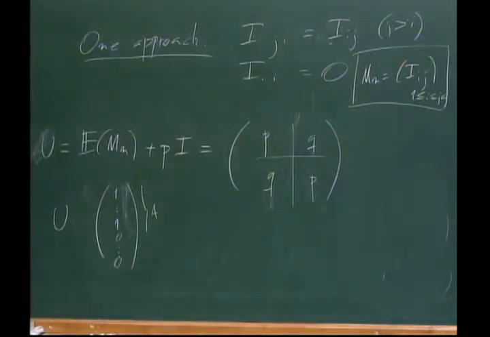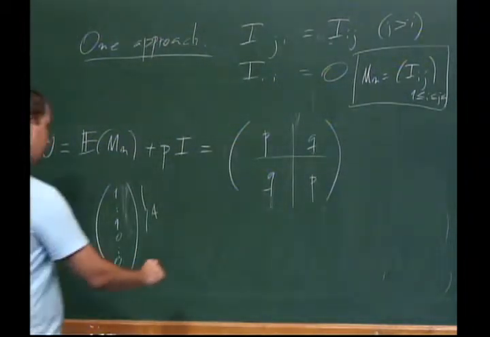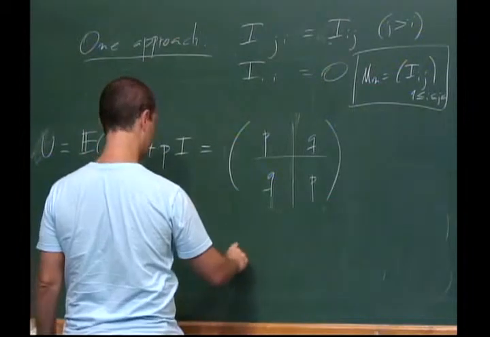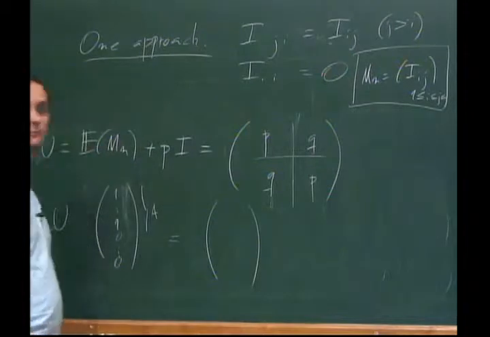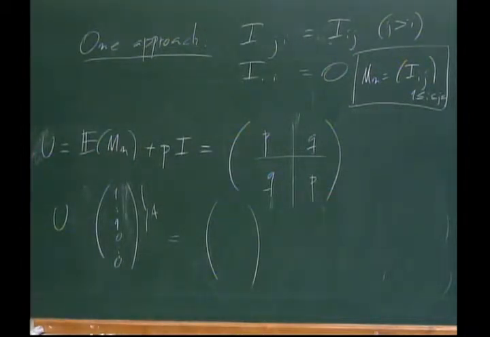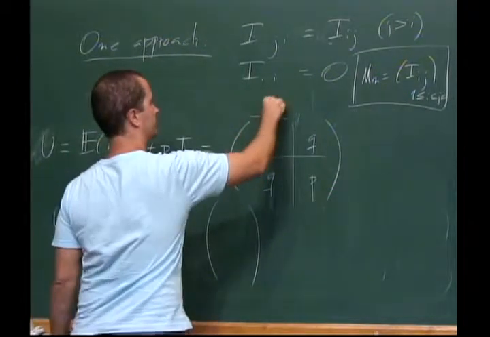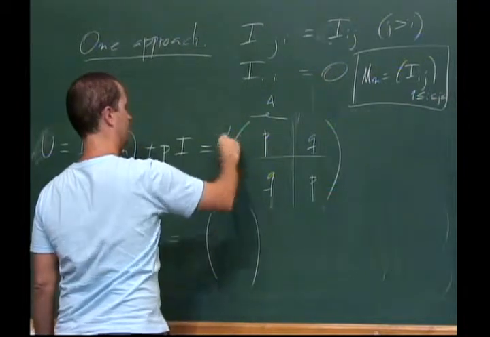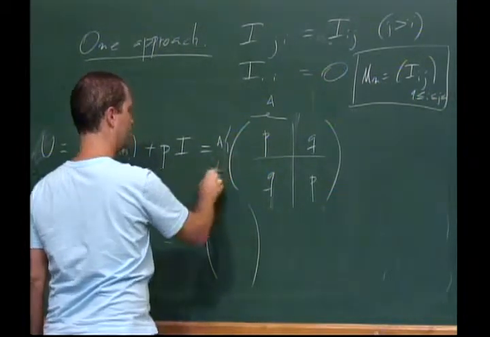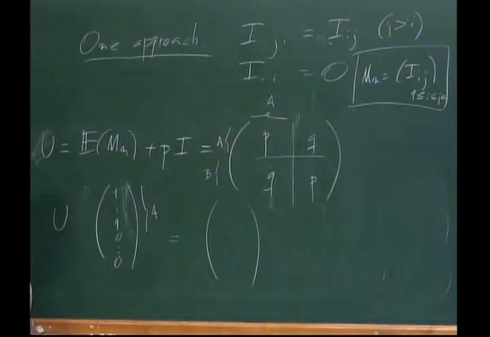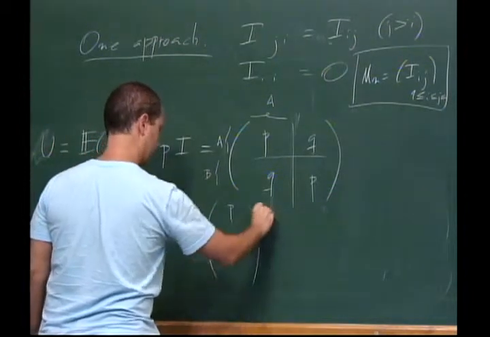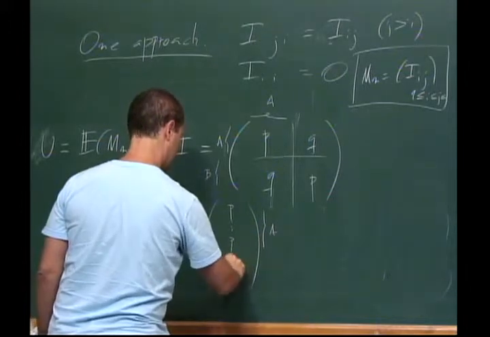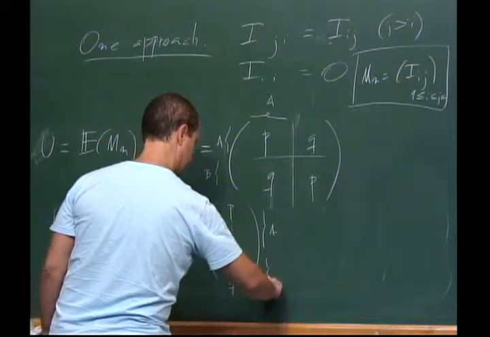So this is a set A. And this is A, this is B. So what you're going to get is a vector of p's in the set A, and then a vector of q's in the set B.